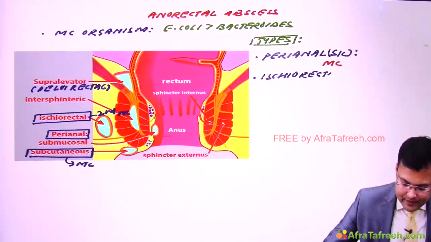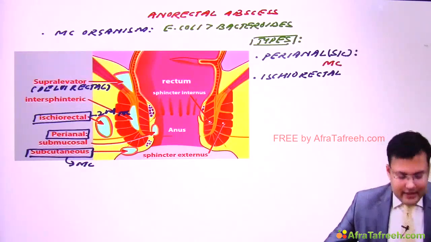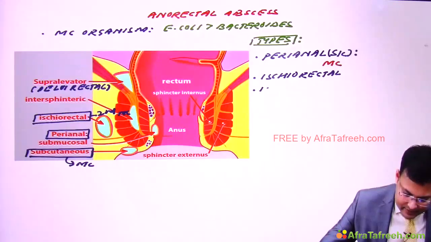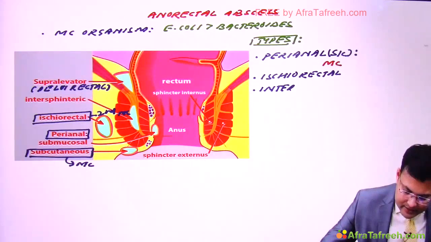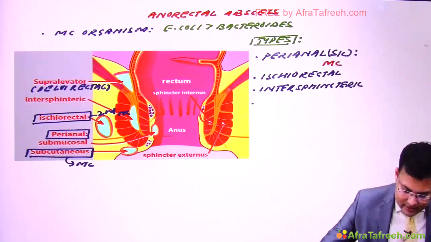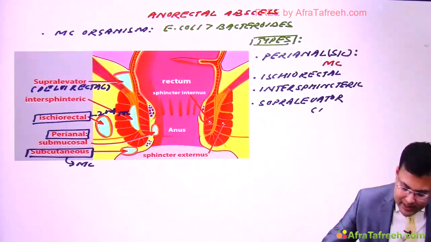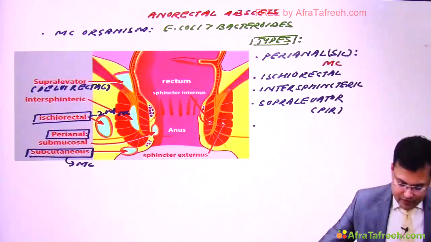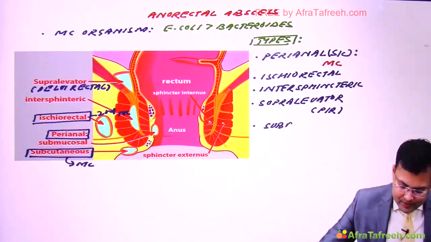The third is intersphincteric. Fourth is supralevator, which is also known as pelvirectal. And the fifth is submucous or submucosal. Okay, so these are the types.